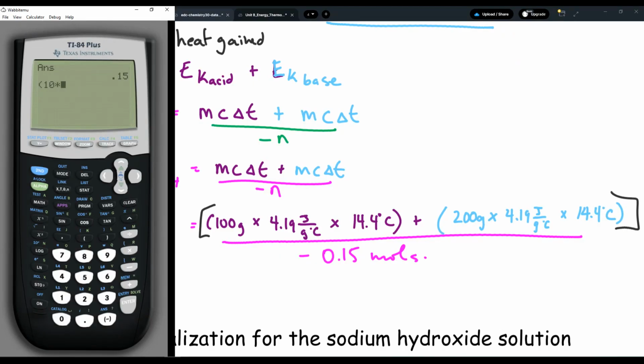So 100, double bracket that, 100 times 4.19 times 14.4, close that bracket, plus, so now I'm talking about the base, 200 times 4.19 times 14.4, close the bracket and then close the outermost bracket, divide by our negative 0.15, and there's our answer. Okay, so negative 120,672.